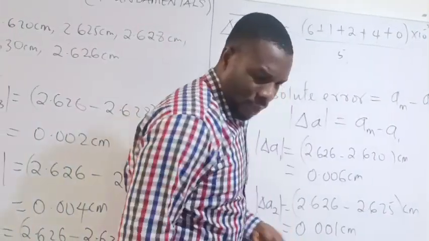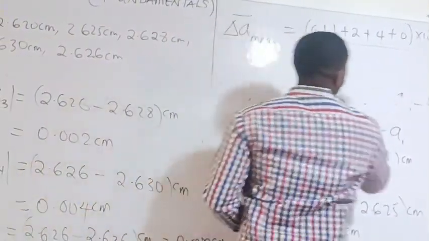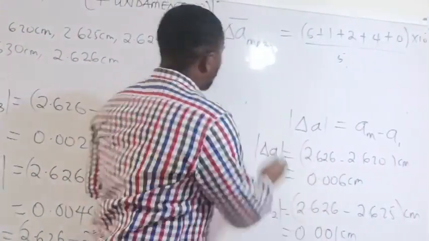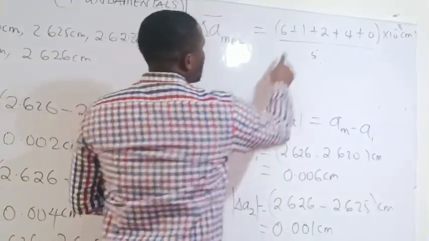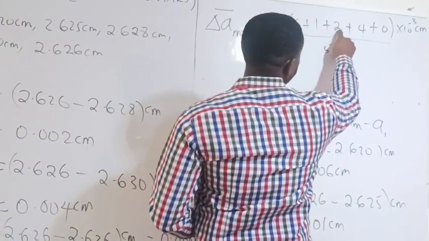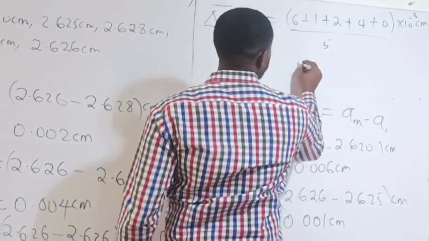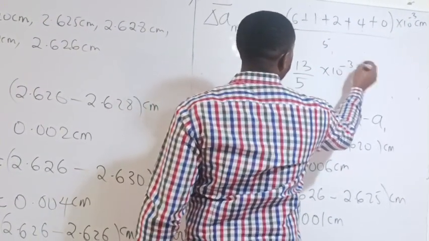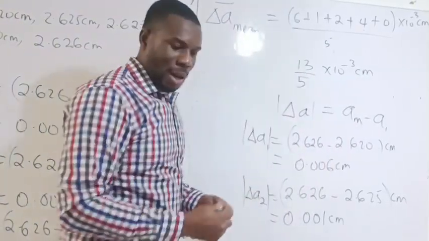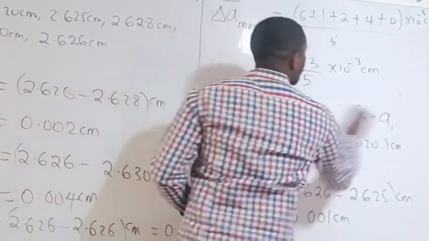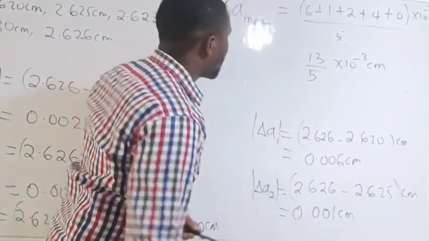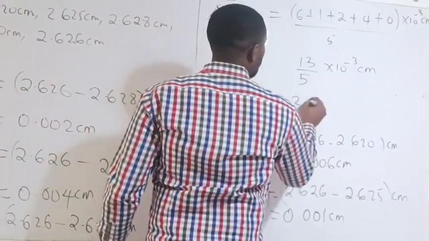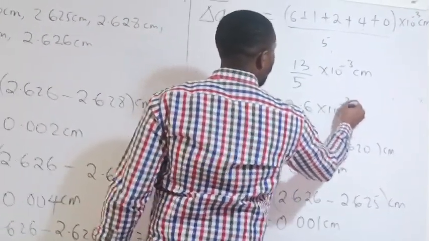Finally, when you sum up, 7, 9, 9 plus 4, that is 13. So I have 13 divided by 5 times 10 raised to the power minus 3 centimeters. When you divide out, you get 2.6, so this is 2.6 times 10 raised to the power minus 3 centimeters.